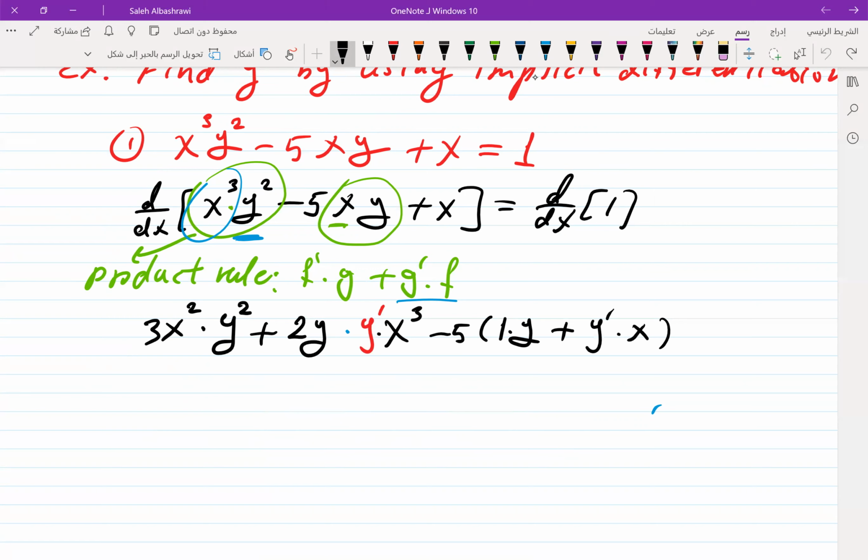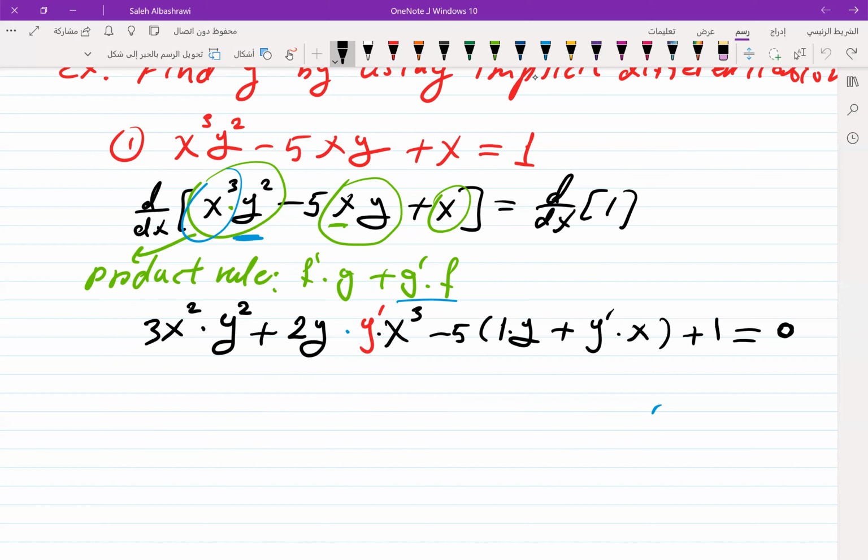Again, this is the product rule: derivative of the first function multiplied by the second plus the derivative of the second multiplied by the first function. Now, the derivative of x is equal to 1, and the derivative of 1 on the right hand side is equal to 0. So we are now done with the differentiation.